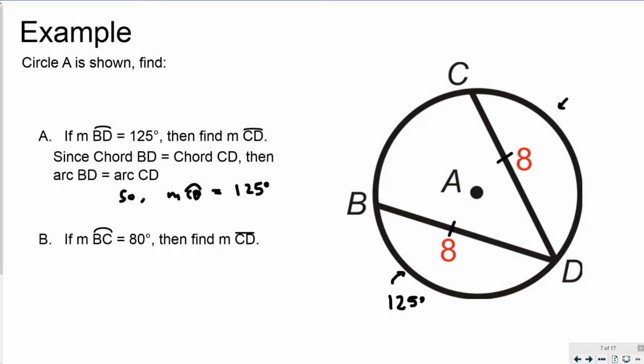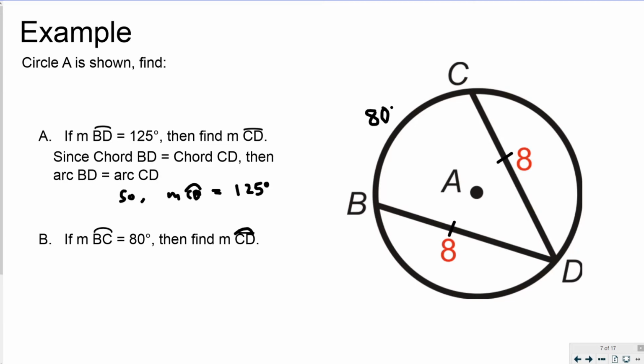Okay, so now I'm going to blank the problem, reset it. If the measure of arc BC is 80 degrees, so this part is 80 degrees up here, find the measure of arc CD.